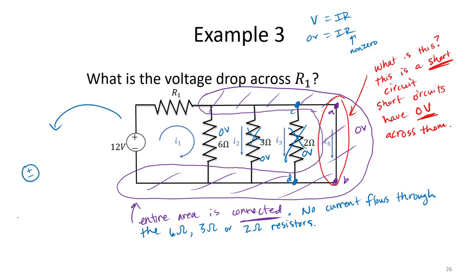In fact, we could actually redraw this circuit as something like this. Because remember, this whole thing is connected. So notice the only resistor that experiences current is R1.